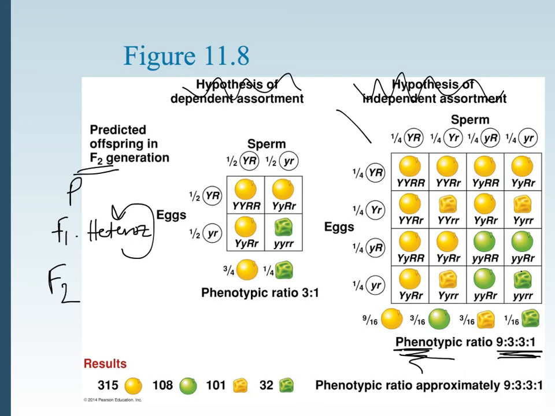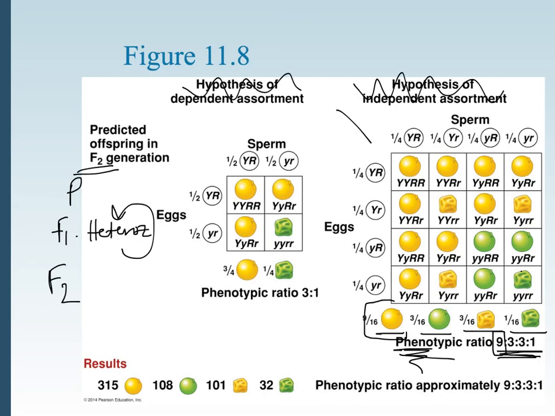And so what that means is that we have 9 of, let's see, they're telling us right here, 9 of these, so we have the yellow rounds, 3 and 3 each of the heterozygous, or the one dominant and one recessive trait, and then we have one that is the recessive trait for both of those, or the recessive alleles being expressed for both of those traits.